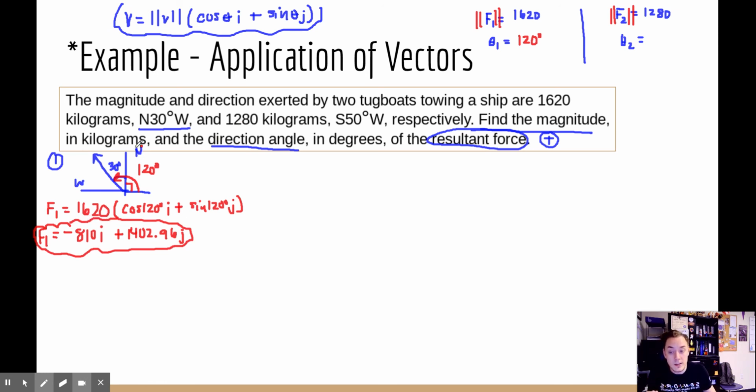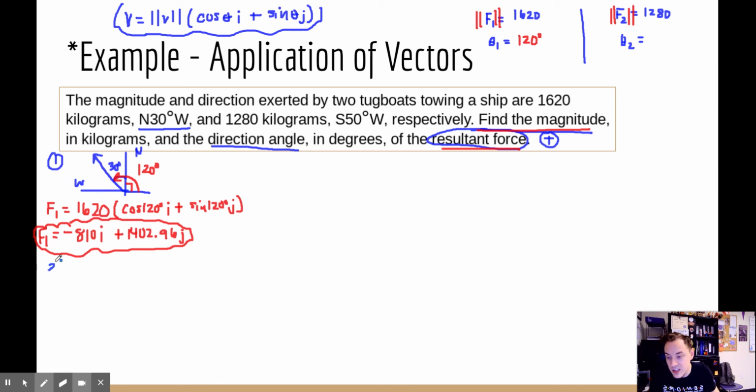Remember, I want the magnitude of the resultant force. I can't find that unless I find both of them. Meaning I need to find both directional angles, both magnitudes, and put both of them in vector form. So I have the vector form of the first one. That's awesome.